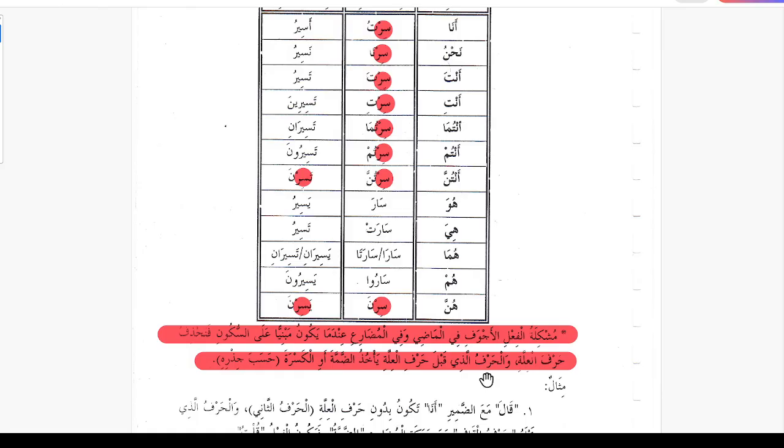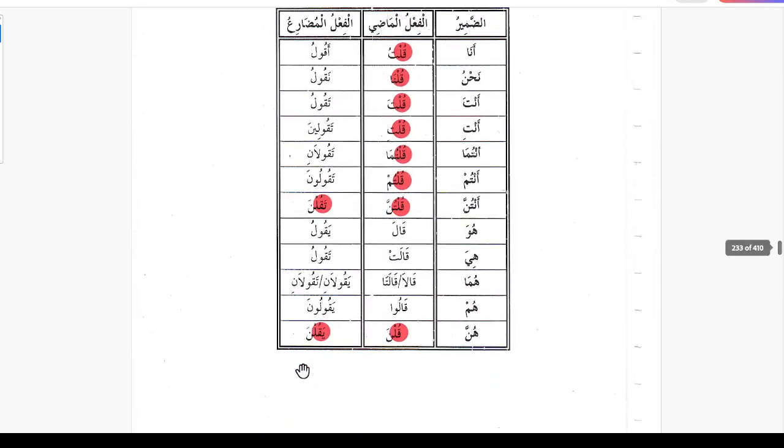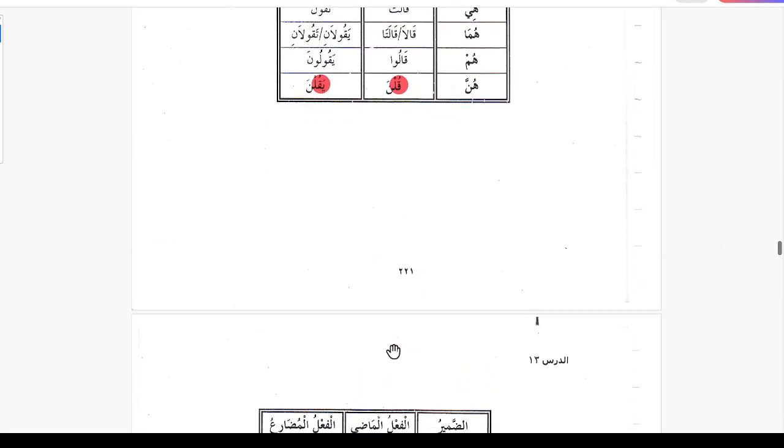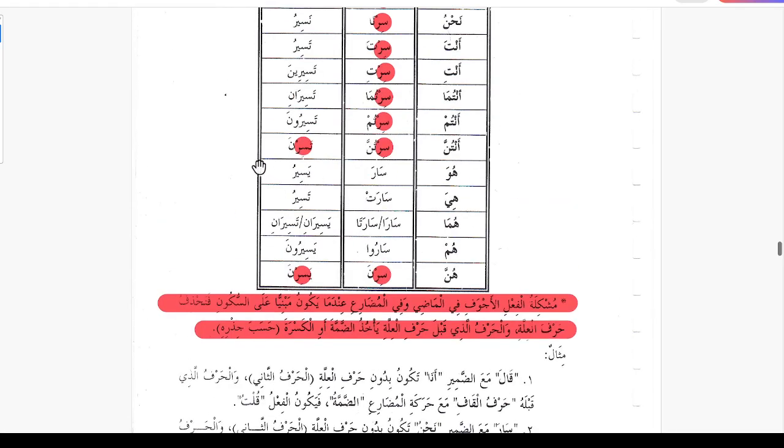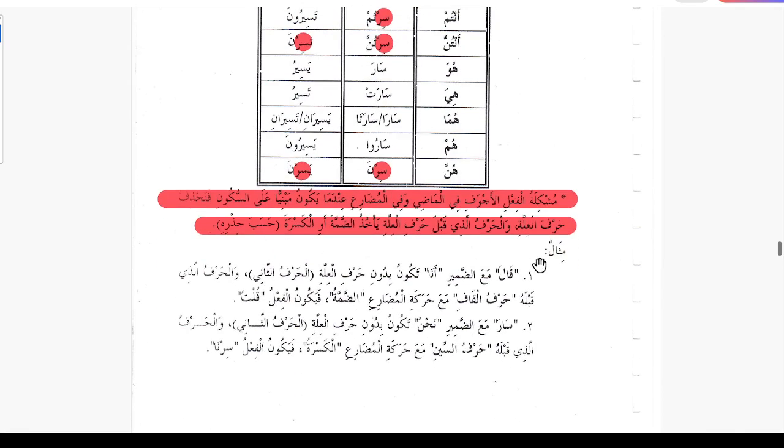And the second, that I just mentioned: harf allazi qablu harful illa yakhuzu damma or kasra. So the first letter takes either damma or kasra, depending on the root, like I have mentioned in the present tense. So here is an example. Kala ma'ad damir ana takunu biduni harfil illa.